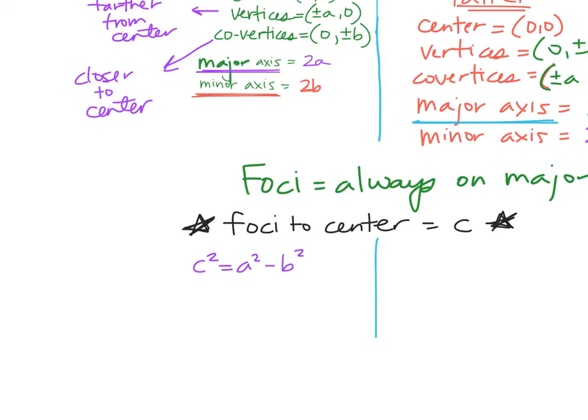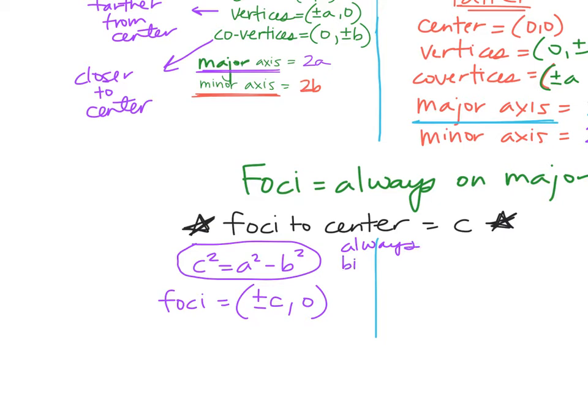It's not, it's close, but basically what you have to realize is your foci will be plus or minus c, 0. So two different points, c, 0 and negative c, 0. Yes, you should know the formula, but you don't really need to know it, because all you're really doing is you will always take the bigger minus the smaller.